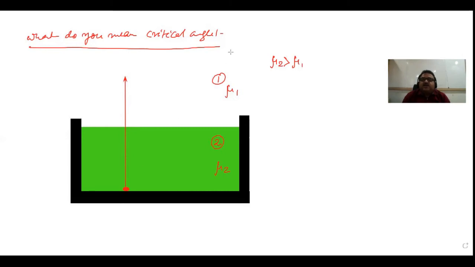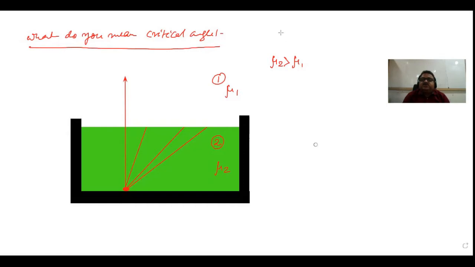Now what will happen if a ray of light bends? I am taking 3 different rays first.